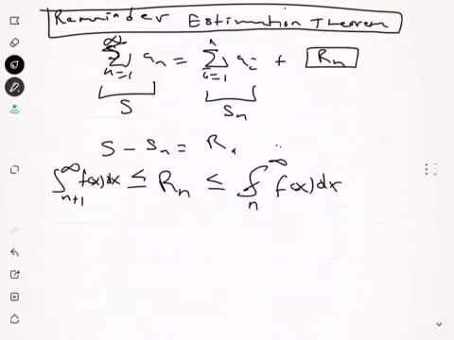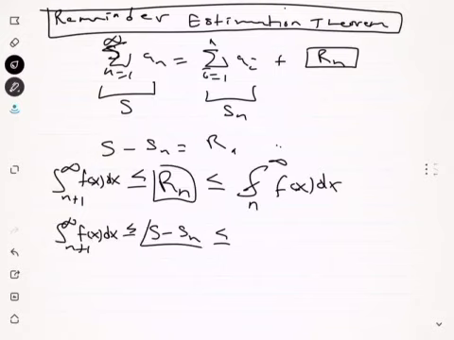So with that, you get s minus sn between the integral from n plus 1 to infinity of f of x dx and the integral from n to infinity of f of x dx.